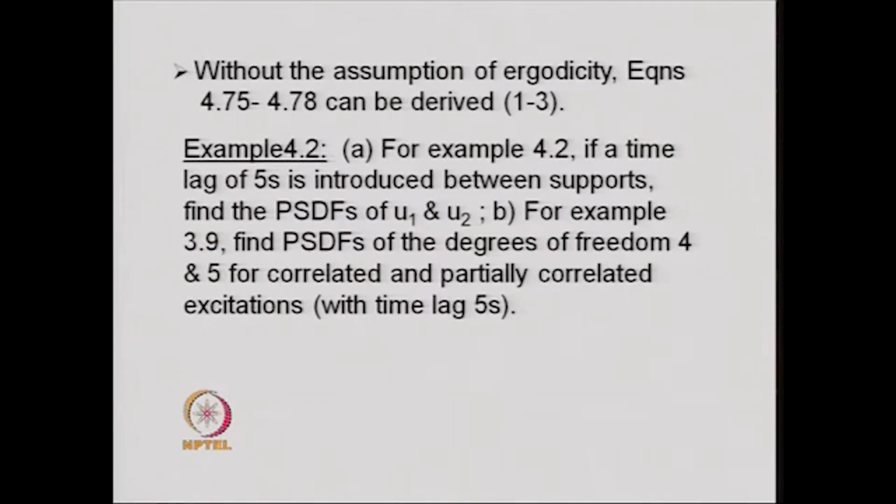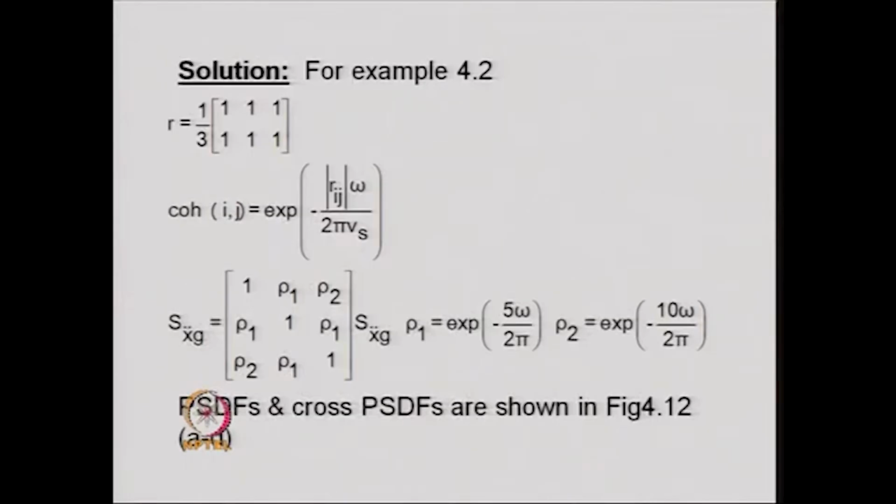Then as an example, we solved a problem in which we had 3 supports and 2 non-support degrees of freedom, U1 and U2, and we discussed how we obtained the cross power spectral density function terms of the power spectral density function matrix of the excitation.